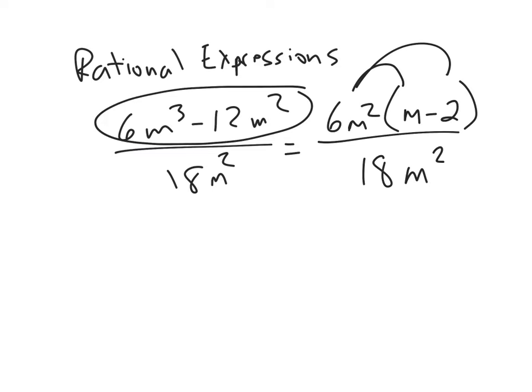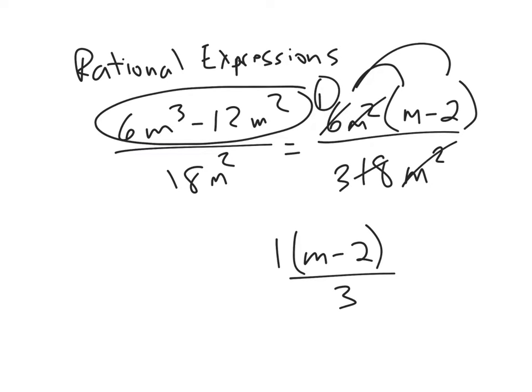And now you can notice that the m squareds are going to cancel, and the 6 and the 18 are going to reduce. So I'm going to have m minus 2 over 3. I could write the 1, but I don't need it. I could put it there if I wanted to. Doesn't really matter.